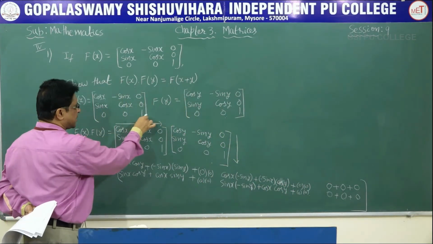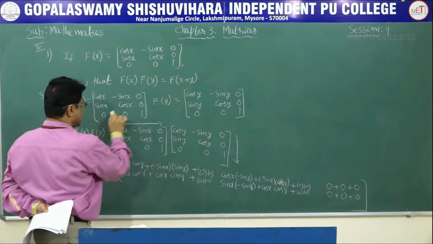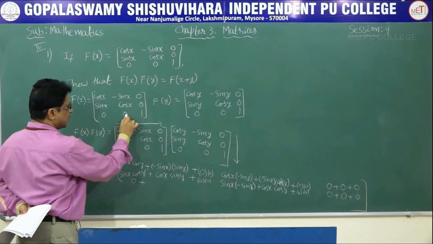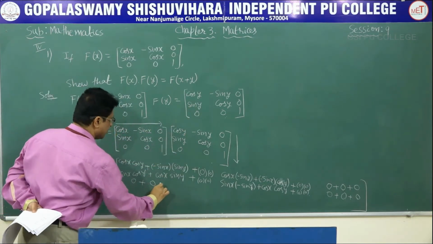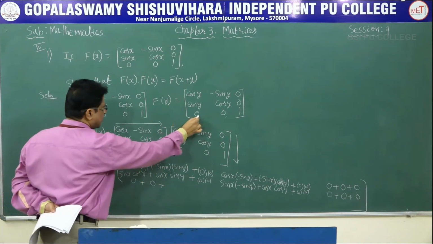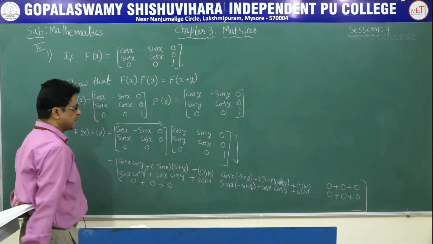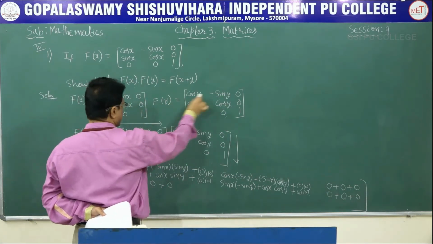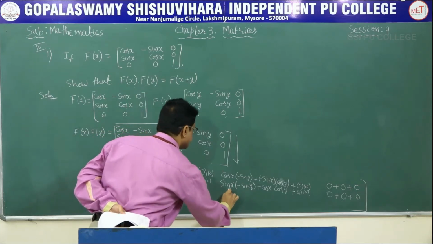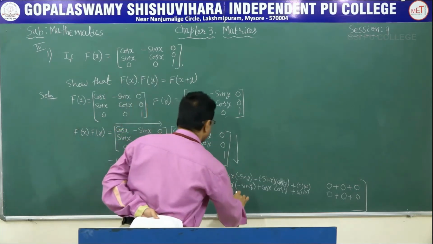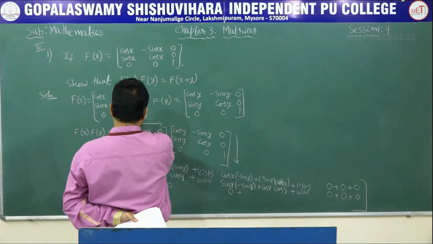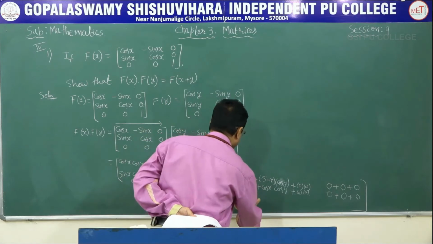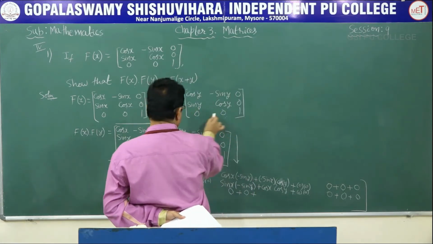Next, third row into first column: 0 into cos y is 0, plus 0 into sin y is 0, plus 1 into 0, it is 0. Next, third row into second column: 0 into minus sin y is 0, plus 0 into cos y is 0, plus 1 into 0.